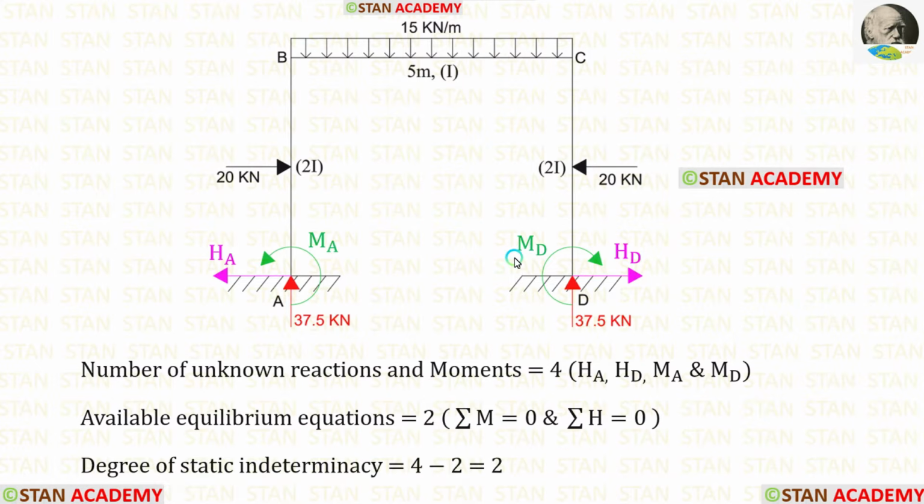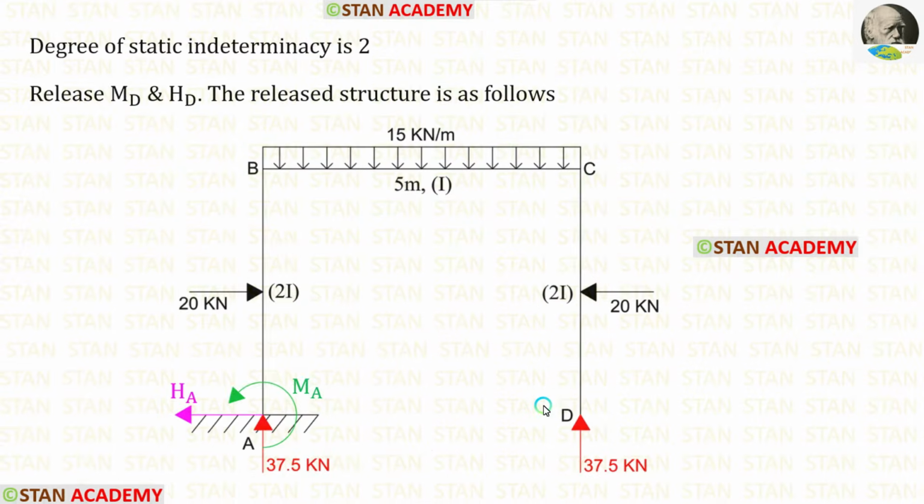To make this frame statically determinate, let us remove the moment MD and the horizontal reaction HD. You can see that from the point D, I have removed MD and HD. This structure is called the released structure.